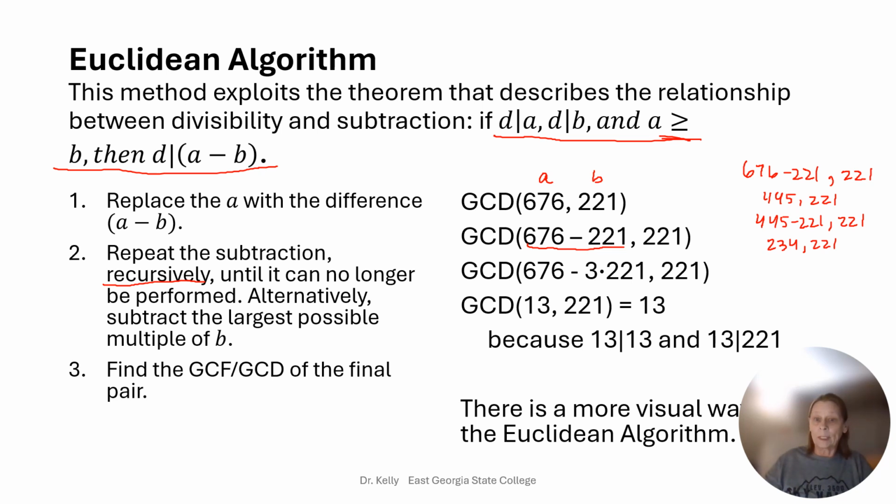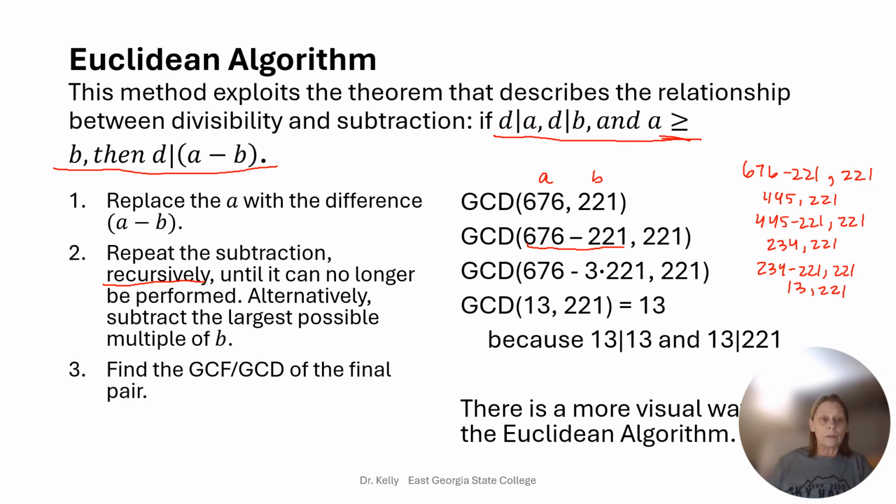Notice all I'm doing is repeated subtraction, which is really the core of what division is. If we subtract our 221 from 234, comma 221, then we are left with 13, comma 221. Now if you look over here in the directions, what I just did was this repeated subtraction until we could no longer perform any more subtraction.